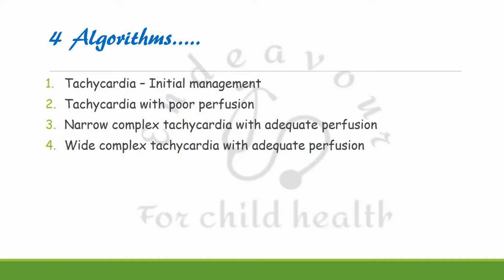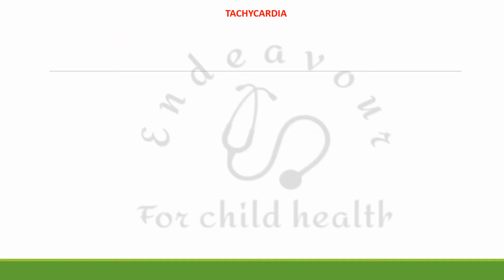simplify the same. So starting straight away, if you have a patient with tachycardia, the heart rate is increased by more than 2 standard deviations above the normal, then you manage airway, breathing, and circulation. Circulation in the sense that you ensure that at least an intravenous or an intraosseous access is there.